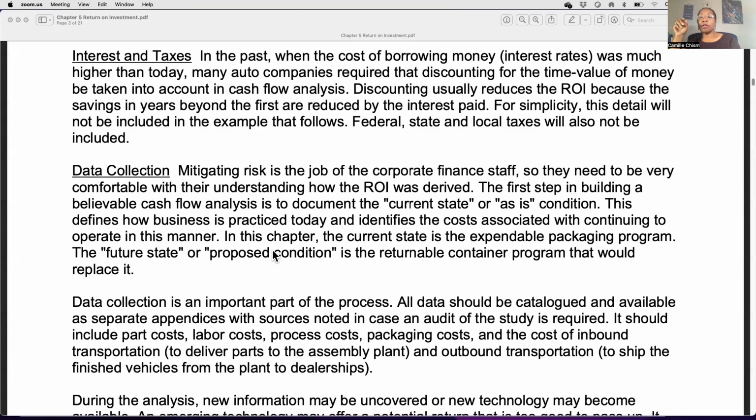When inventories are done of products, as a packaging engineer, I would highly recommend that if they're only counting the parts, it would be a good thing if you were able to get a count of the containers as well, because you want to see how many you have.